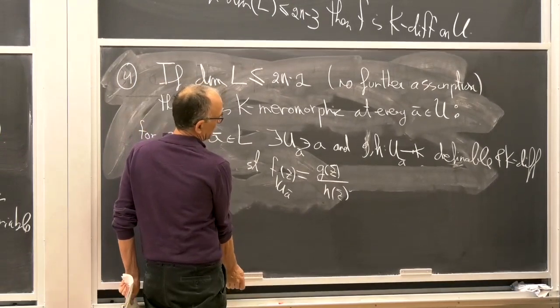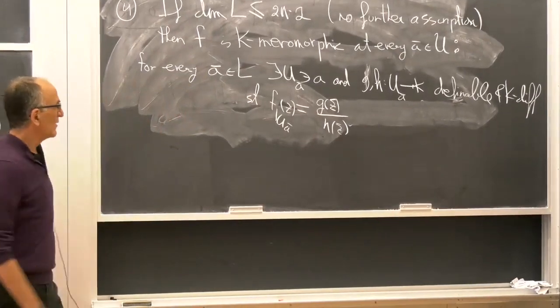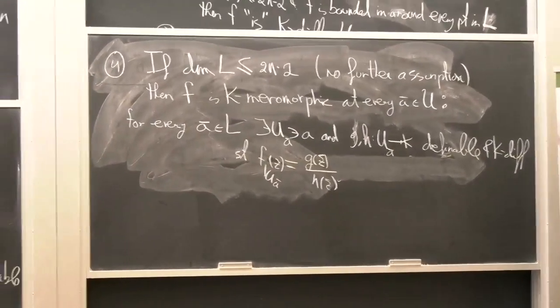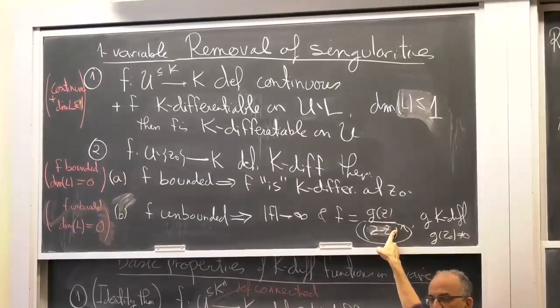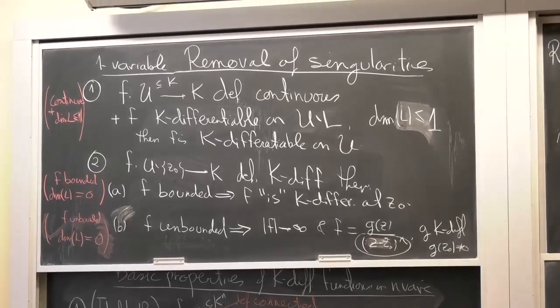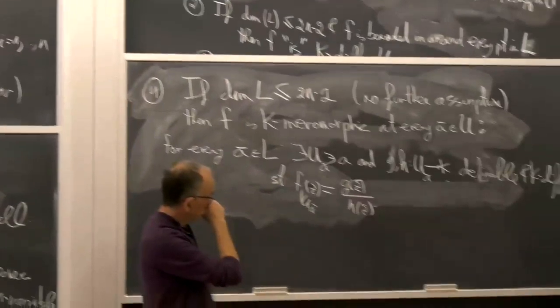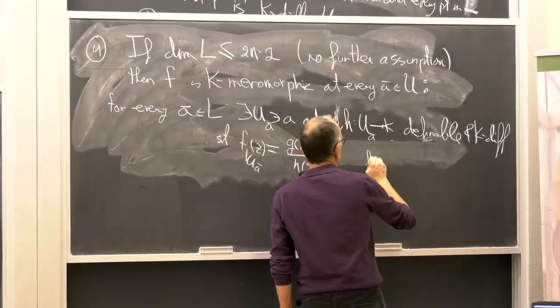In our example, G was G, and H was (Z minus Z0) to the n, which of course vanishes. This is the reason for having a pole and not having differentiability. But you have to assume something about H, for example, that it's not identically zero.